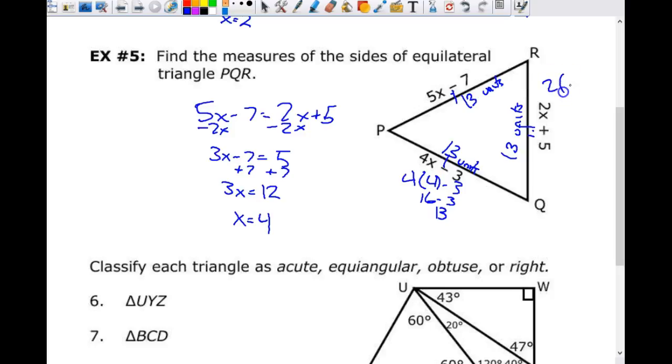What's 3 times 4 plus 5? 13. 5 times 4 minus 7 is 20 minus 7, which is 13. Oh, look, they're all the same. Yeah, we're using it to double check. When you miss your test, I'm like, oh, should have double checked.